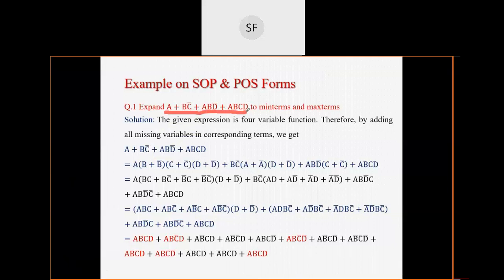Okay, just remember this. Listen carefully. Which term should you find first? For that you have to observe the expression.